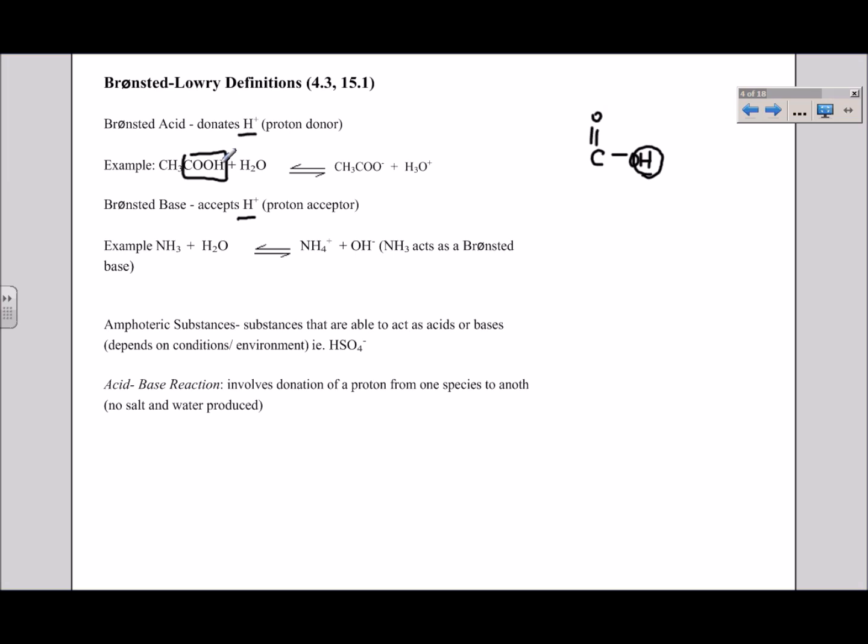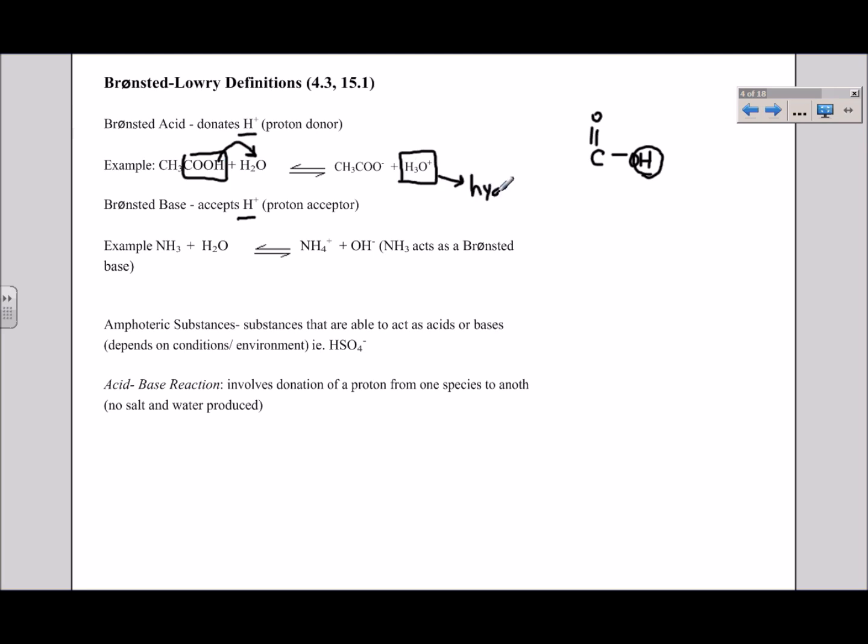So what's happening here when the acetic acid is placed into water is that the acetic acid will donate a proton to the water. So the acetic acid is essentially losing a proton while the water is gaining a proton. When the water gains a proton, we form H3O+, which you'll recognize as the hydronium ion.